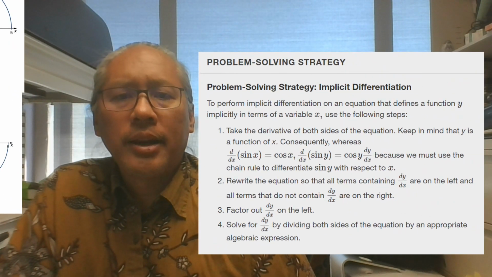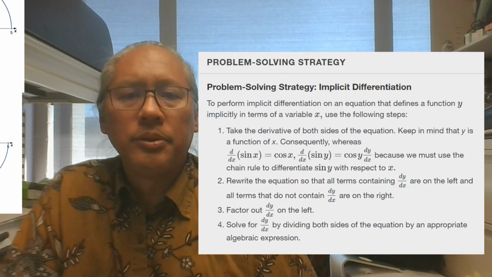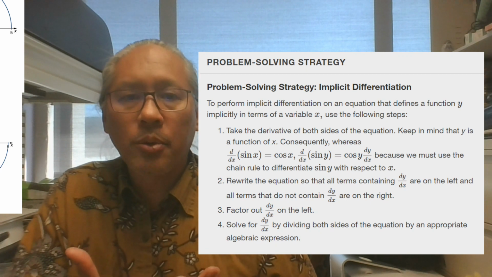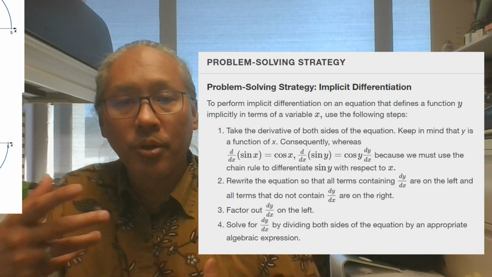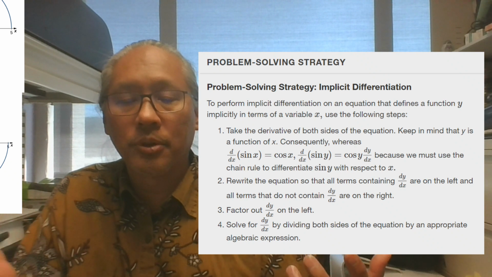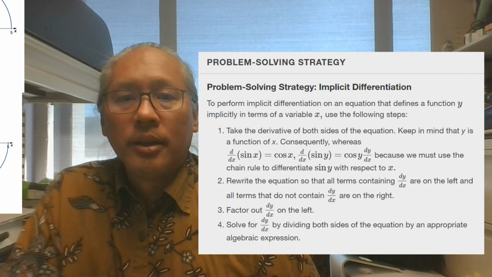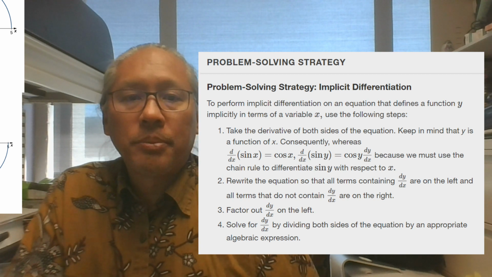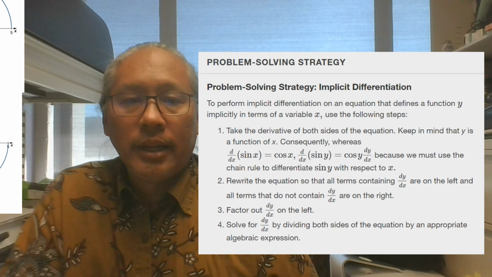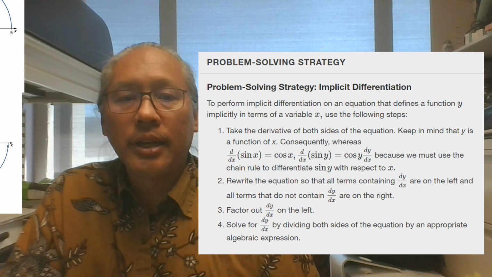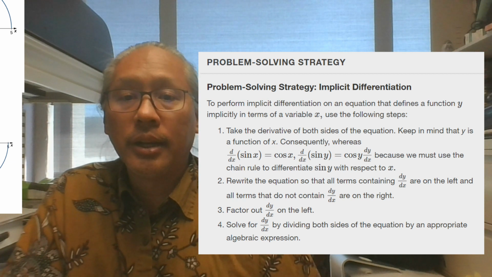So here's a strategy. The idea here is to take your equation, whatever your equation might be, with both x's and y's, possibly on both sides, and then take the derivative implicitly. For example, where you have a sine x, the derivative of sine x with respect to x is just going to be cosine x.